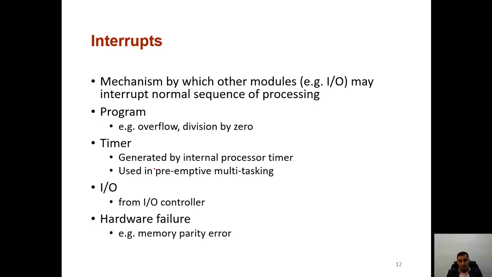So interrupts are mechanisms by which other modules, such as input-output modules, may interrupt a normal sequence of operation. Usually interrupts are for things that are very important. You interrupt a program because there is an external event that cannot wait. Your computer needs to handle that interrupt.